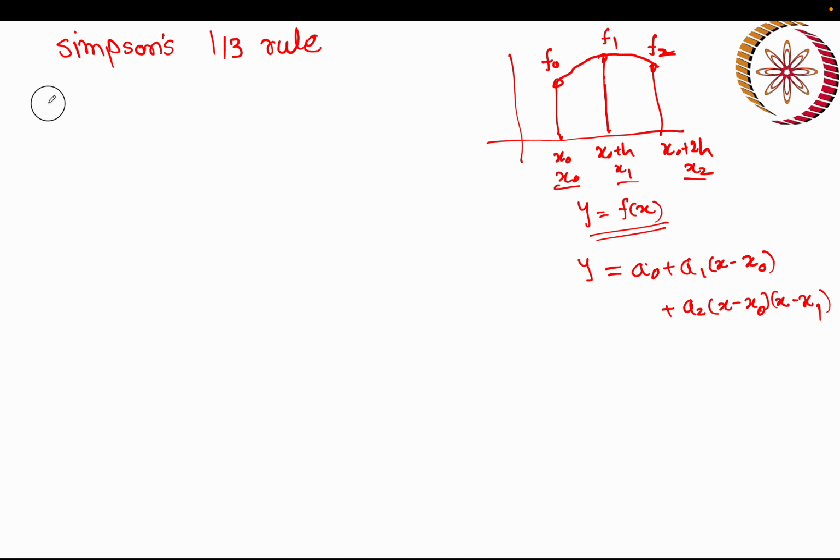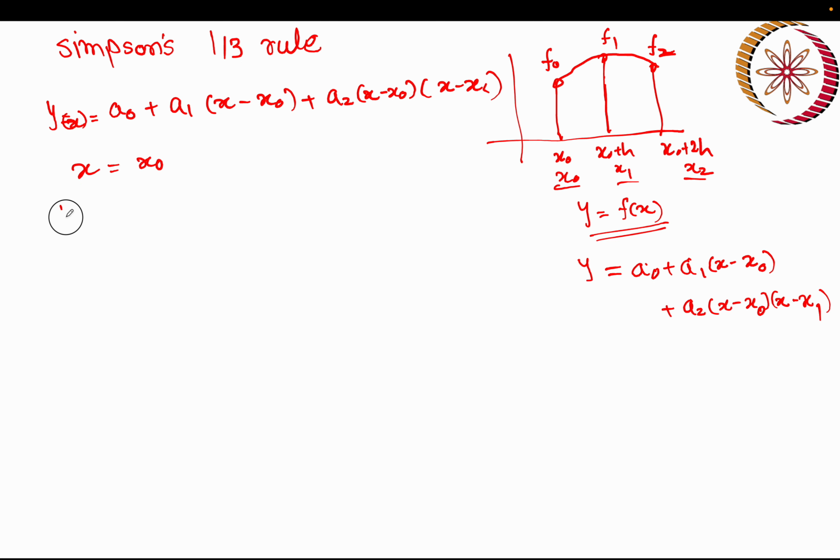I will write it clearly: a0 plus a1 (x minus x0) plus a2 (x minus x0)(x minus x1). If we substitute x equal to x0, y at x0 is f0, which is given, and the other two terms vanish, so we get a0 directly.